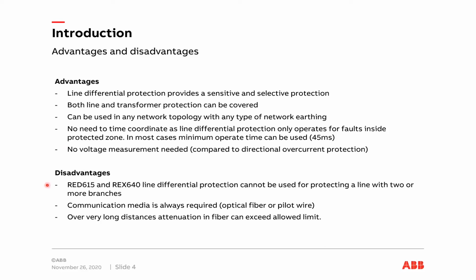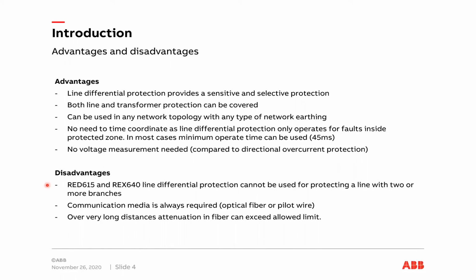On the disadvantages side, we have a couple of things. The first one is that we cannot use line differential protection if we have a line with two or more branches. We also always rely on the communication between the line differential relays, so we just have to have a communication.